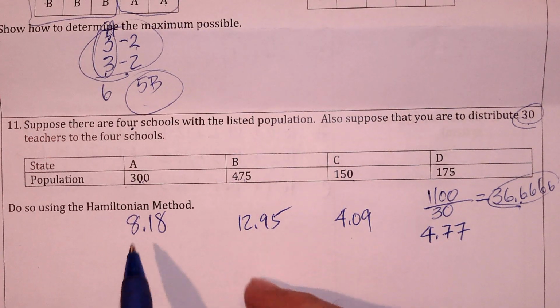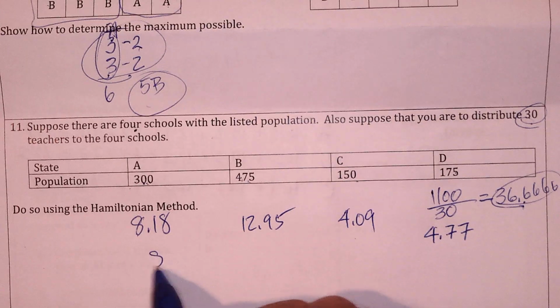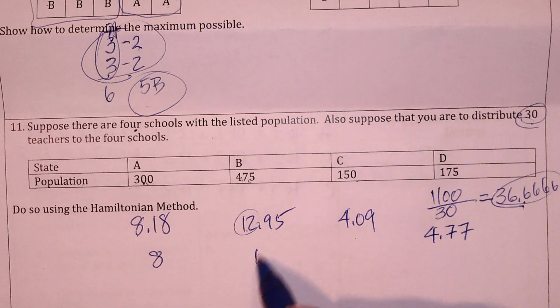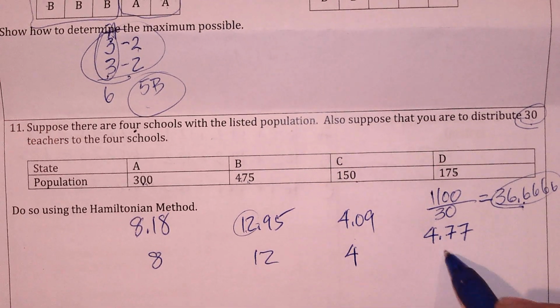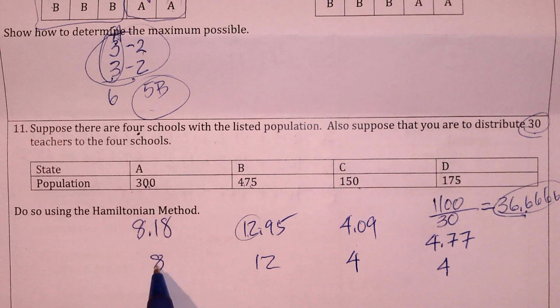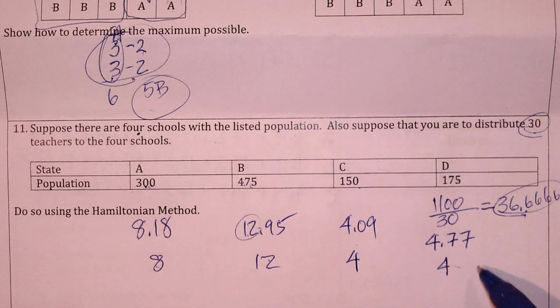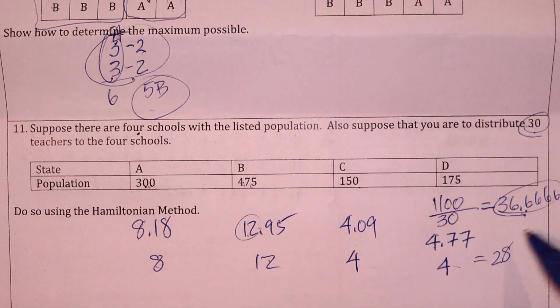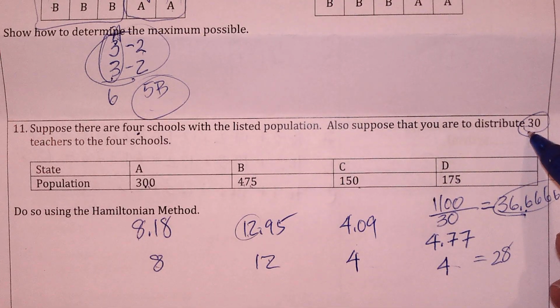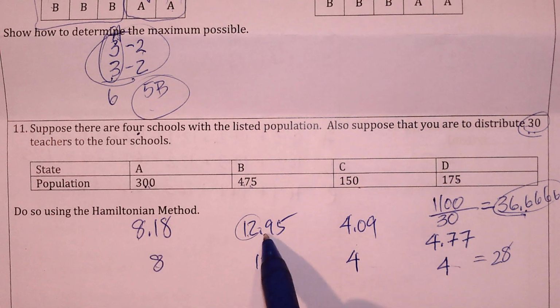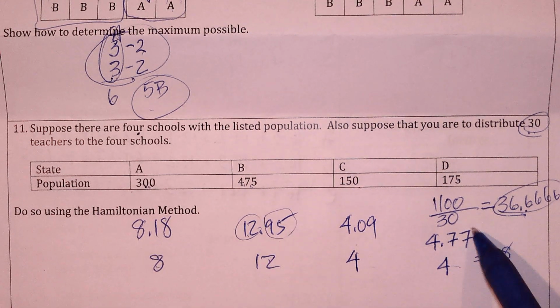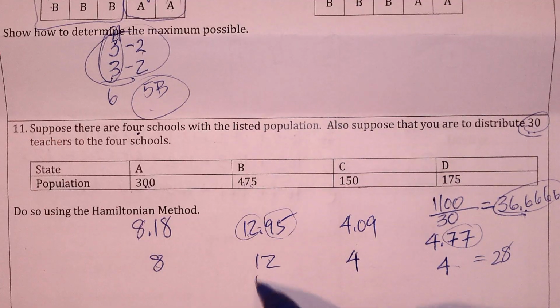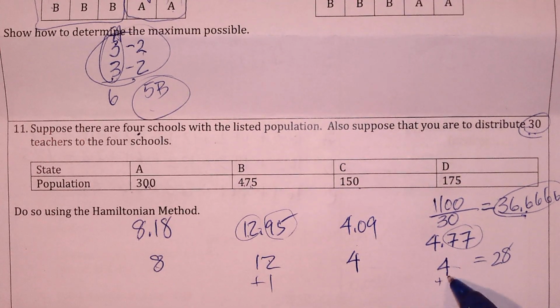So Hamilton says, okay, make sure they get at least 8, get their 12, get their 4, get their 4. See, that's 28 teachers. We've got 2 more teachers. Who gets them? Well, the highest decimals are the 0.95 and the 0.77, so plus 1 here, plus 1 here.